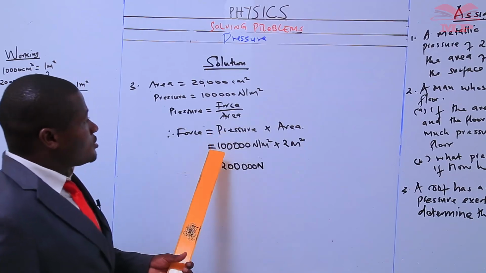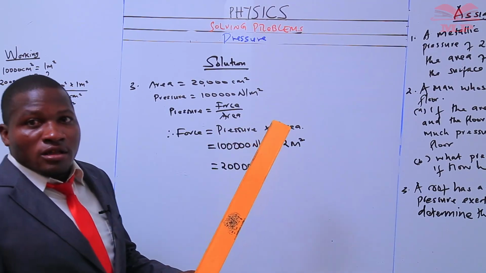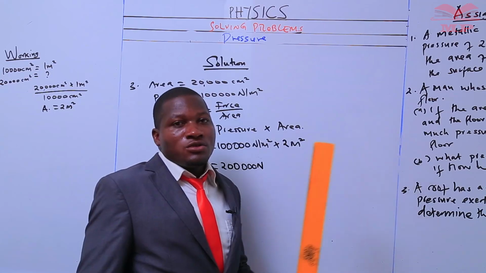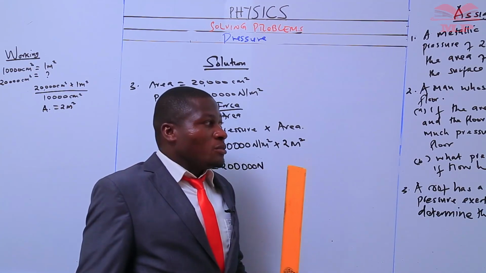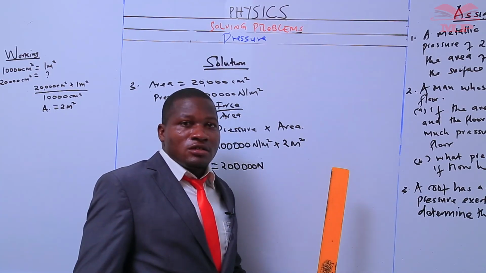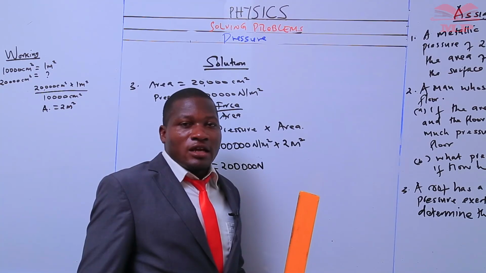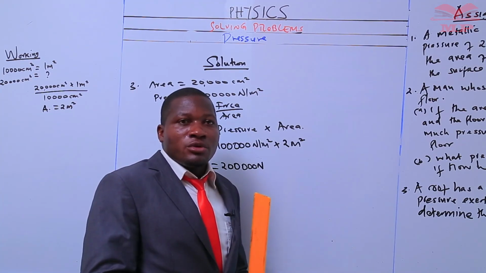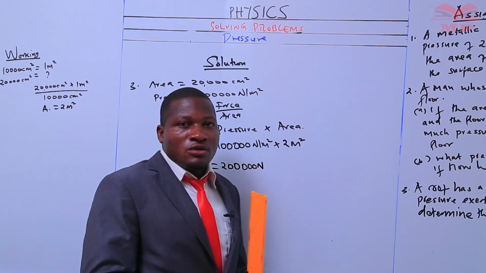This is the lesson of today, and this is how we are supposed to work out these questions. So meaning that we have done 6 questions in this area of solving problems in pressure in solids.